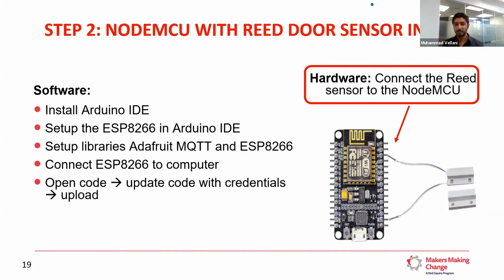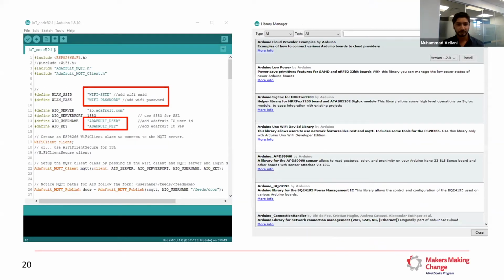One thing that's really important for you to do when you open the code, can we go to the next slide, please? When you open the code, you'll see that there are four credentials that you'll have to change. First is the Wi-Fi SSID and the password. The code is made in a way that it should work for you, and it connects to your internet.